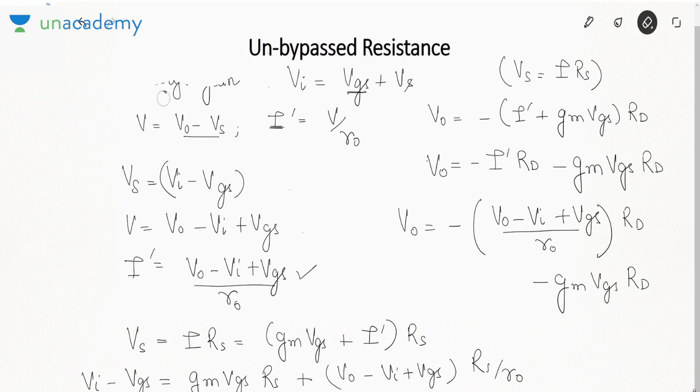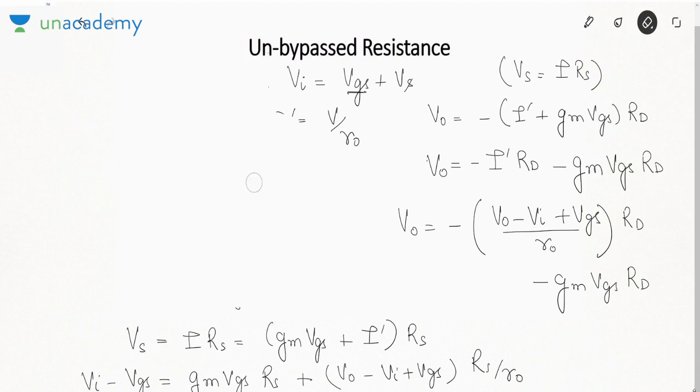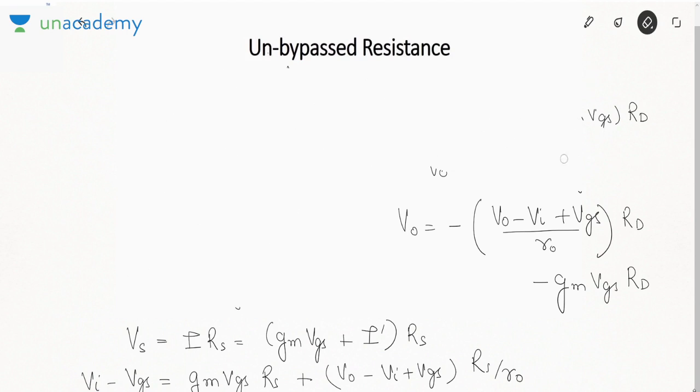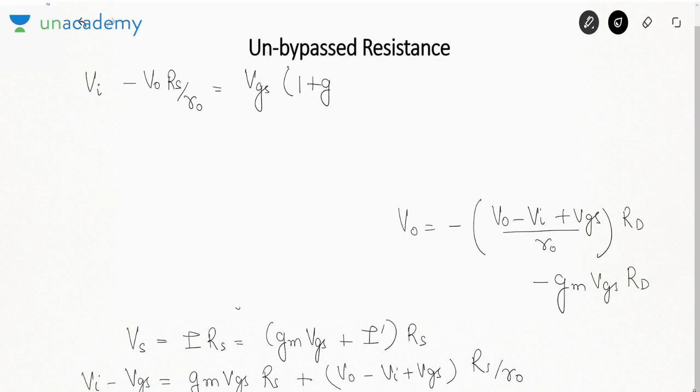Now what I will do here, based on this relation, I will simplify. I will collect the terms containing VGS: Vi minus V0 into RS by R0 equal to VGS (1 plus gm RS). Okay, I am taking the terms on VGS on the right hand side, plus RS by R0.